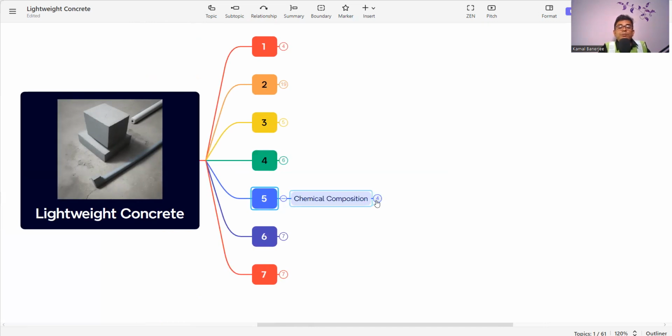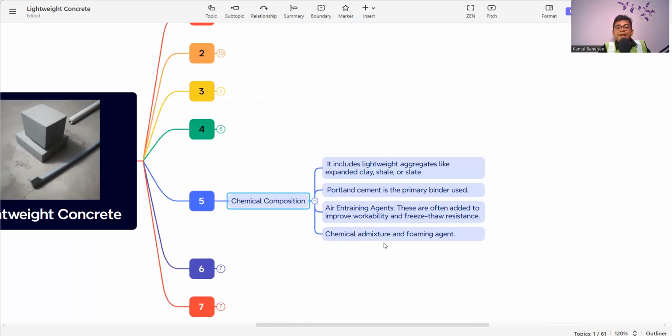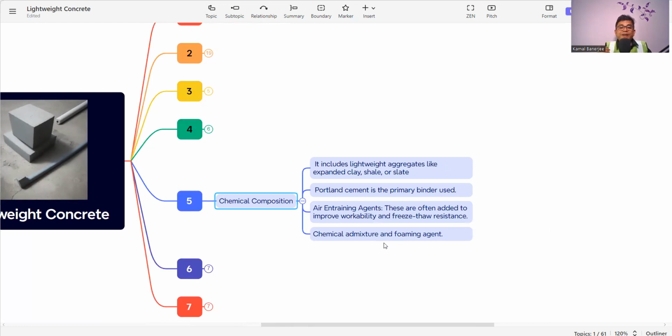Then what is the chemical composition of the lightweight concrete? It includes lightweight aggregates like expanded clay, shale, or slate. Portland cement is the primary binder, and then air entraining agents. These are often added to improve workability and freeze thaw resistance. Air is very important whenever the freeze thaw cycle is happening. If the freeze thaw cycle happens inside the concrete, it will break the concrete, cracks will appear.